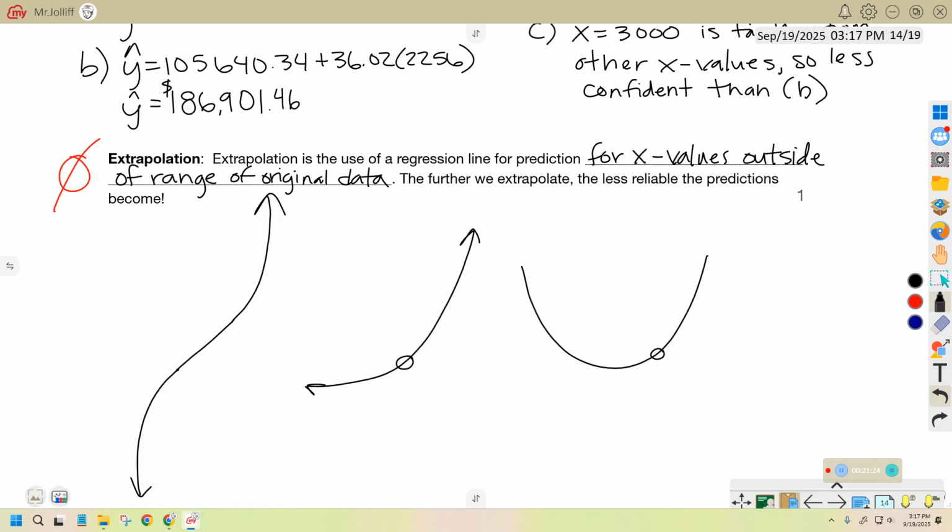And if my data matches one of those patterns, and I built a linear model for it outside of that range of input values, I'm going to get really, really bad answers because I treated my data as linear. The further I get from my original data, the worse that estimation is going to be. So really, really dangerous to use your linear model for data that is way outside of your original input. Close to the edges is kind of okay, but way outside of it, not trustworthy.